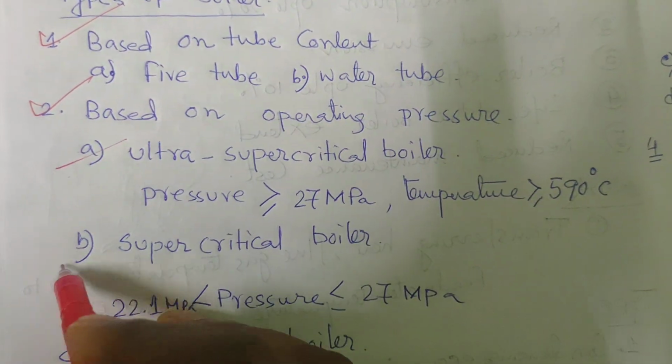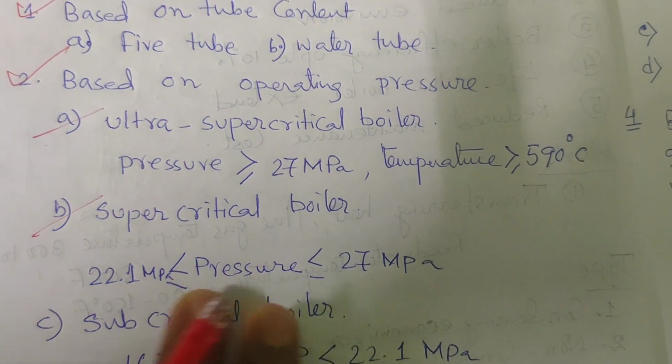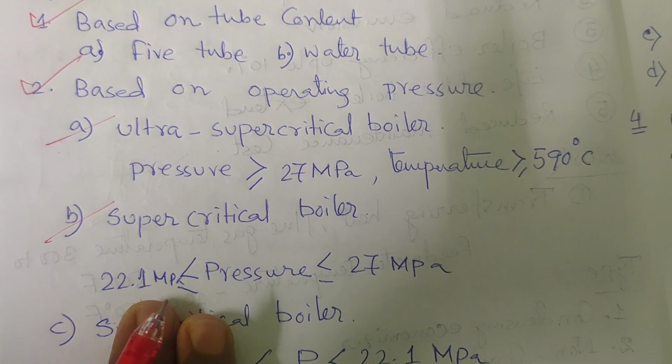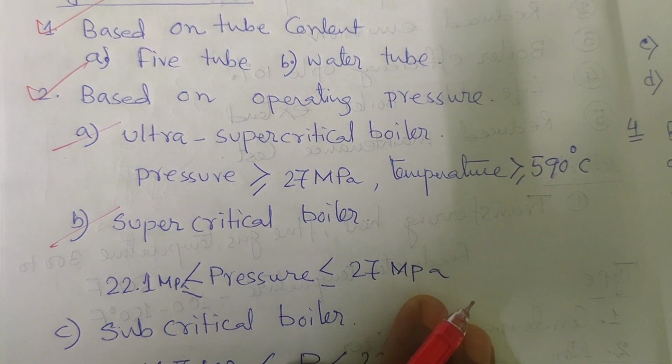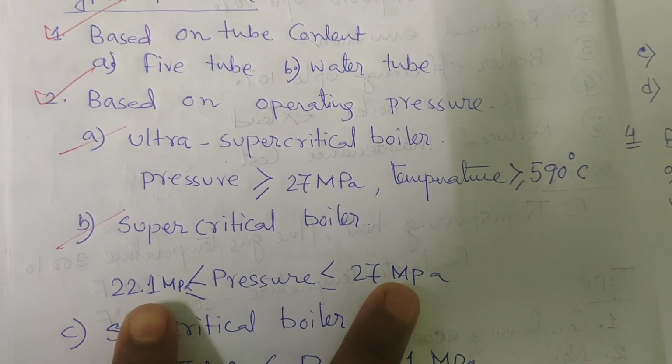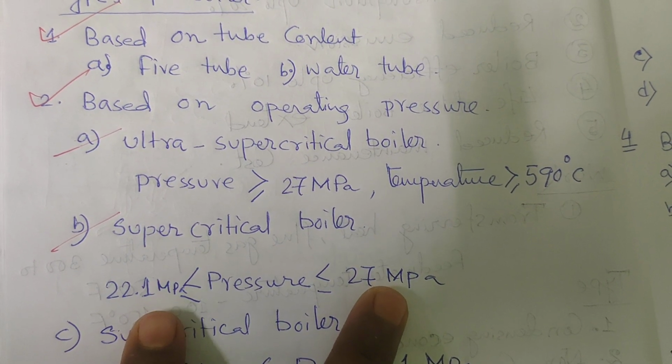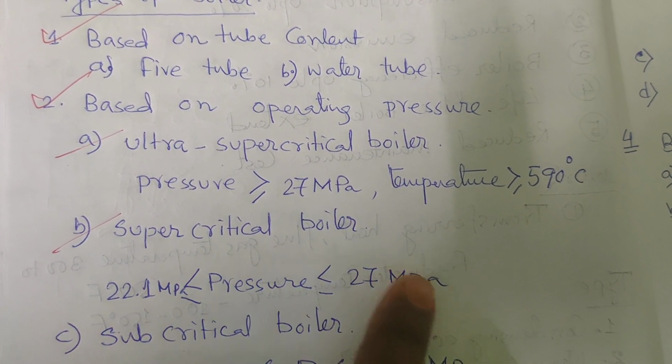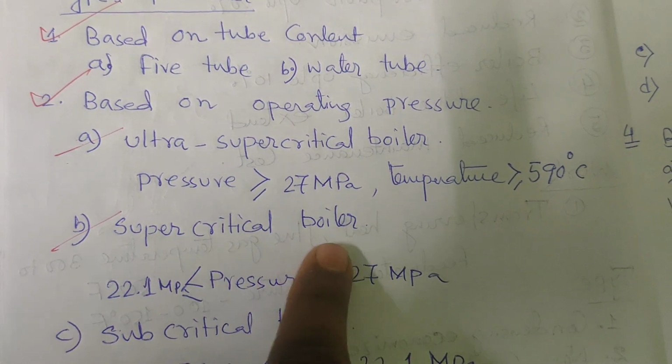Supercritical boiler: the pressure is in between 22.1 megapascal and 27 megapascal. In between these two pressures, we will consider it a supercritical boiler.